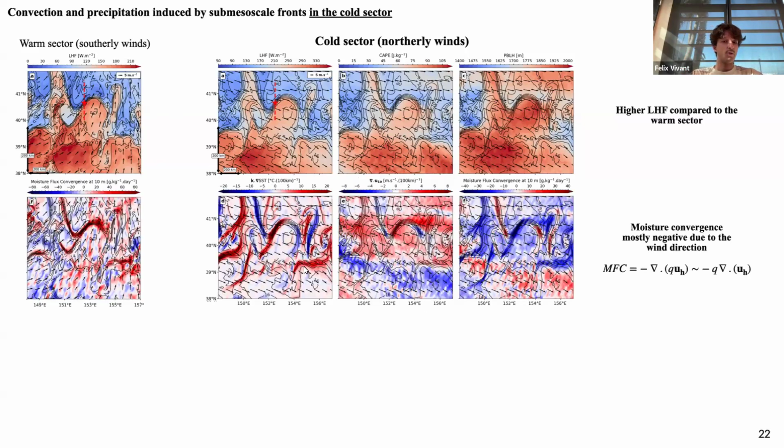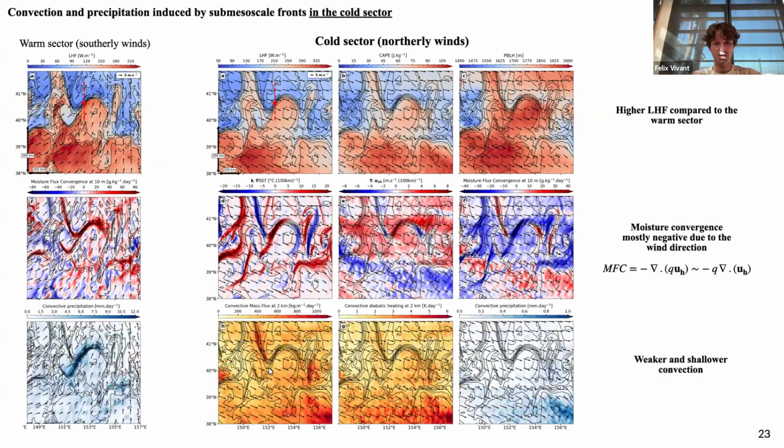But since the wind is blowing from the north, in the other direction compared to the warm sector, we mostly observe moisture flux divergence at the surface. Sometimes we observe convergence, but as you can see in the response in terms of convection, even for the region with moisture flux convergence, the magnitudes are weaker.